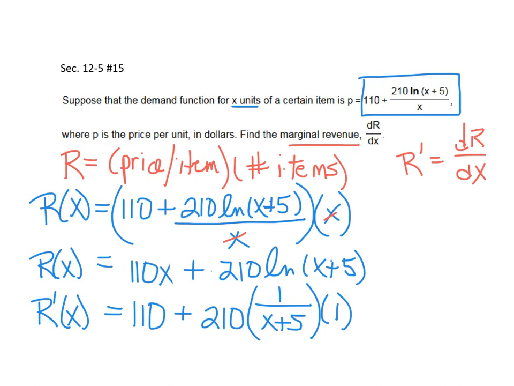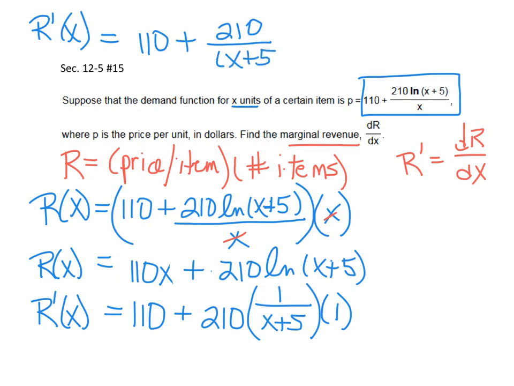So that means that R prime is equal to 110 plus 210 over the quantity x plus 5, and that is, in dollars, since price per unit times units is dollars, dollars per unit of revenue.